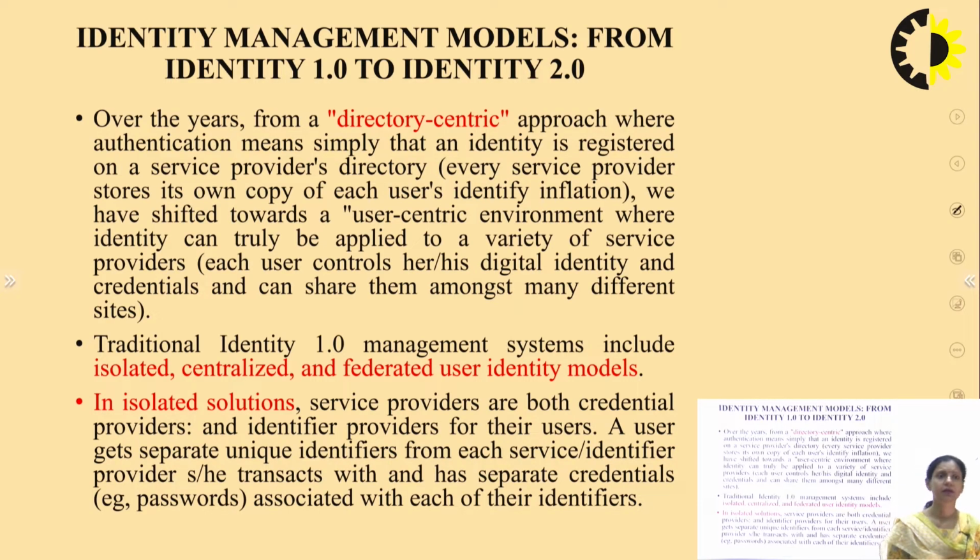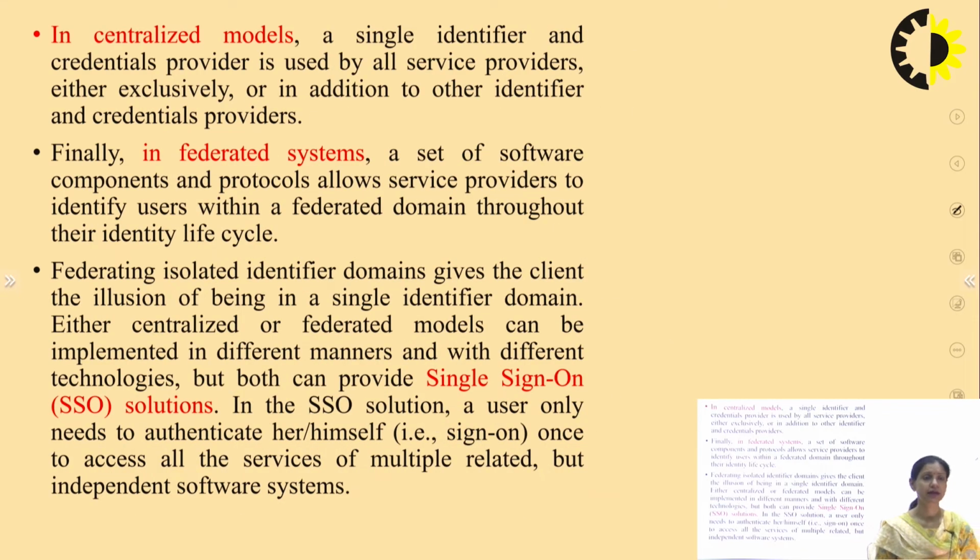Identity 1.0 includes isolated, centralized and federated user identity models. In the isolated solution, the service providers are both the credential providers, that is, identifier providers, and identity providers for their users. So a user can get separate unique identifiers from each service provider he or she is associated with, and has separate credentials associated with each of these identifiers.